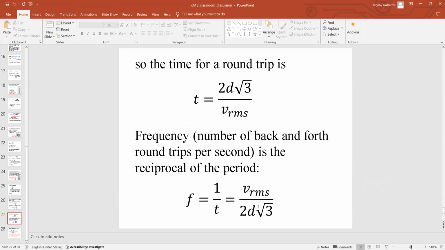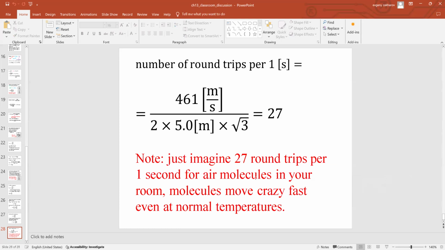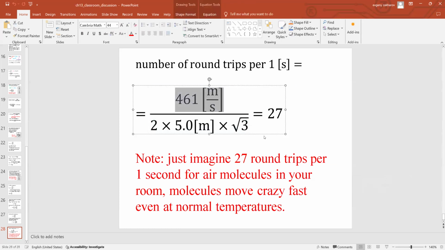But even at normal room temperature, we still have 400 meters per second, which is approximately 1,000 miles per hour. Everything moves around you so fast you can't even recognize it. You can't see any of that motion, and yet it's happening right now in your room.